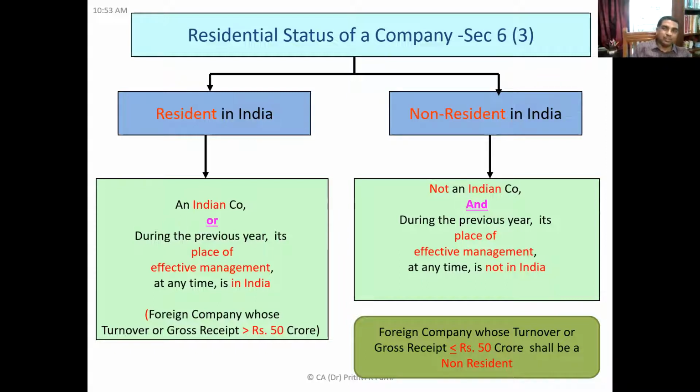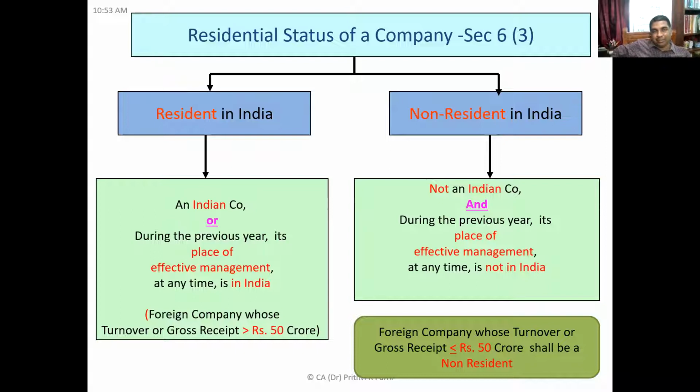Or, here we are talking about the non-Indian company, or foreign company, if during the previous year its place of effective management is in India. In case of HUF, we discussed the phrase control and management. But when we come to companies, we will discuss one more phrase, that is the place of effective management, POEM.